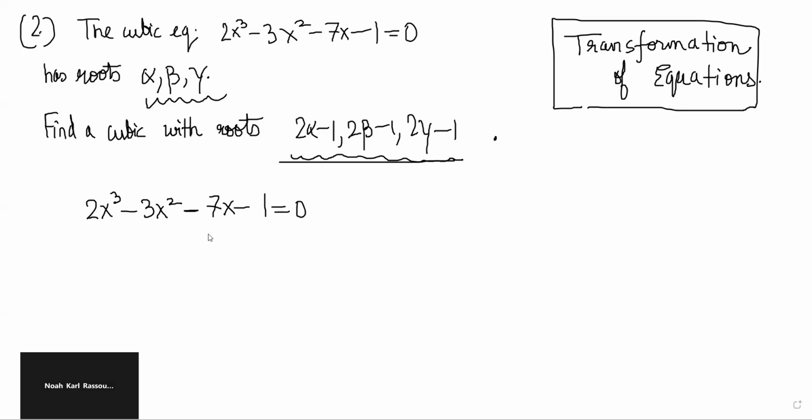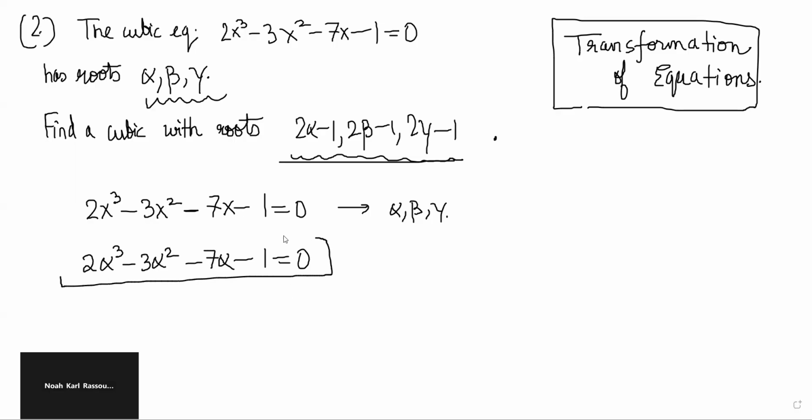So if I have this equation with roots alpha, beta, gamma, obviously I have equations like this which are valid, right? So this equation is true. Similarly for beta and gamma also, right? Now let's say I need to make a new equation, but I need the roots to be 2 alpha minus 1, 2 beta minus 1, and 2 gamma minus 1.